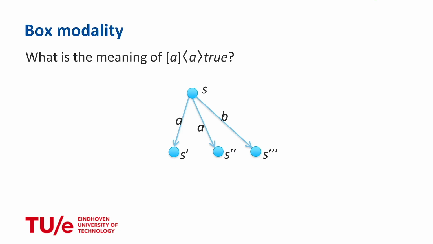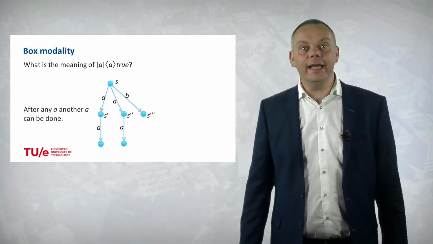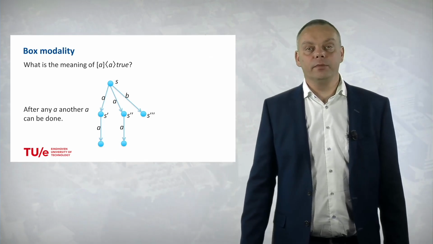So after doing any A, I must be able to do yet another A. So an A should be possible there, and an A should be possible here. And that is exactly what it says. It says, after any A, another A can be done.